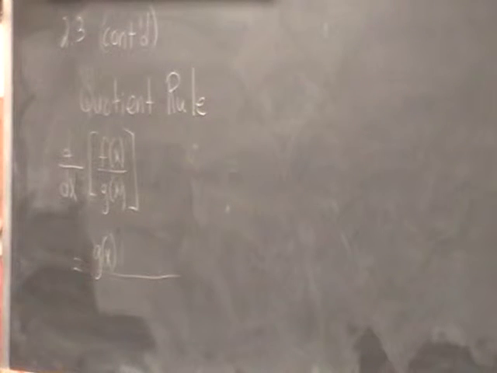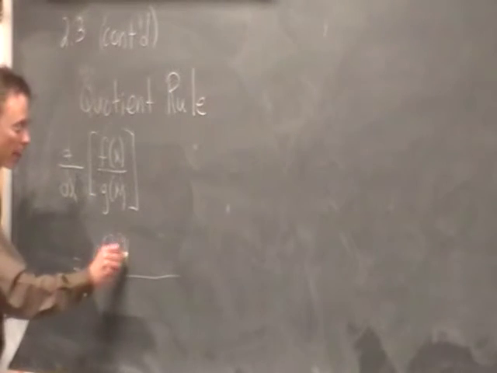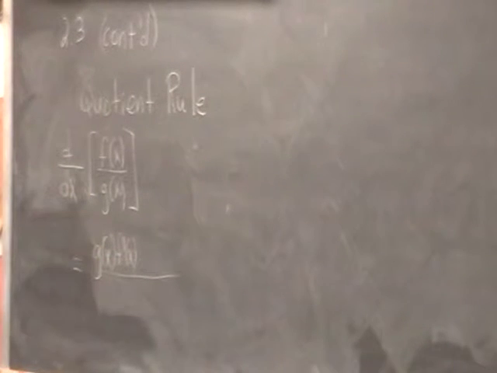And much like the product rule, we're going to multiply it by the derivative of the other part. So g of x gets multiplied by f prime of x. Unlike the product rule, it's not a plus sign in between the terms, it's minus. Nice catch.